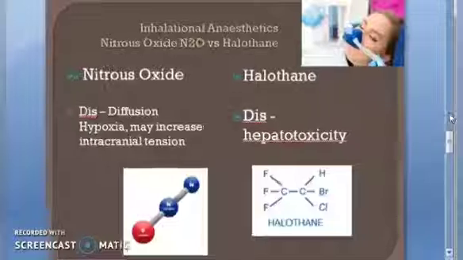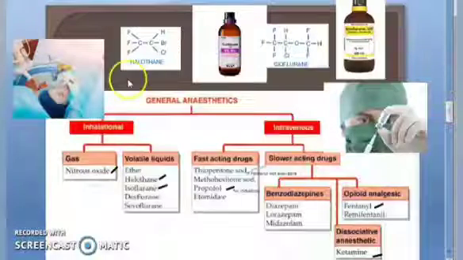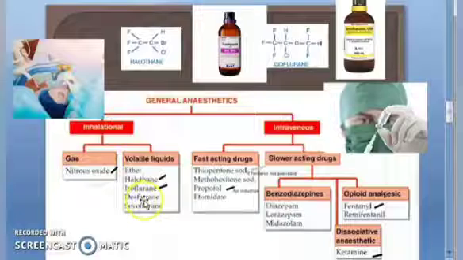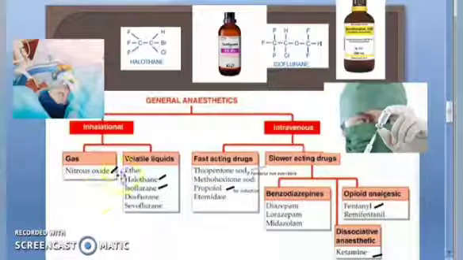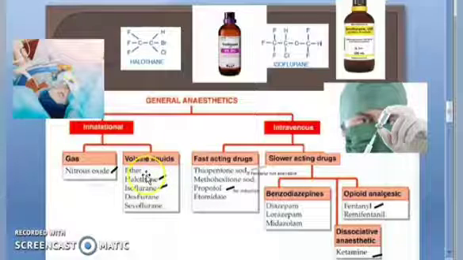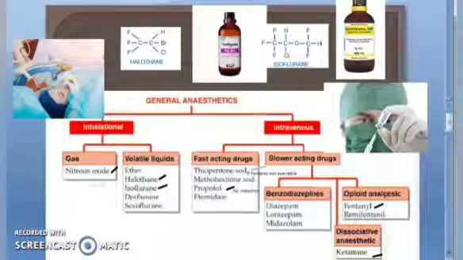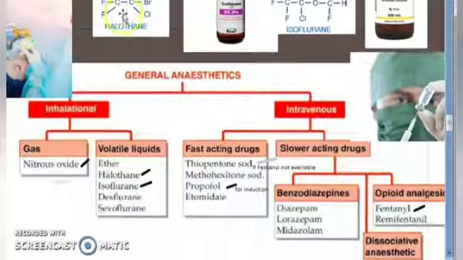What were the other inhalational anesthetics? Let's go back and look at that. Total all of the inhalational anesthetics, let's look at them. Gas you have nitrous oxide, volatile liquids you have ether, halothane, isoflurane, desflurane, sevoflurane. So you know that nitrous oxide is given along with oxygen.